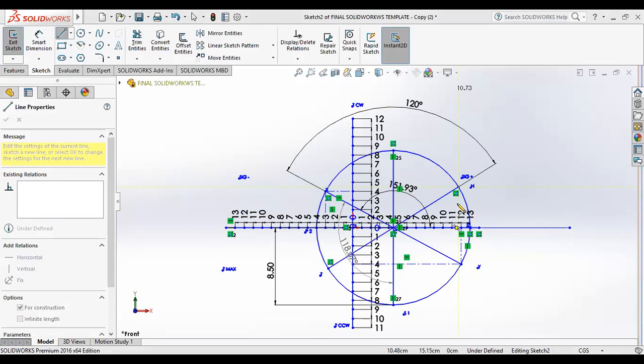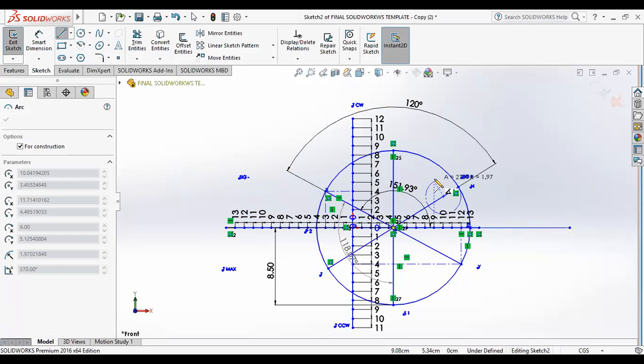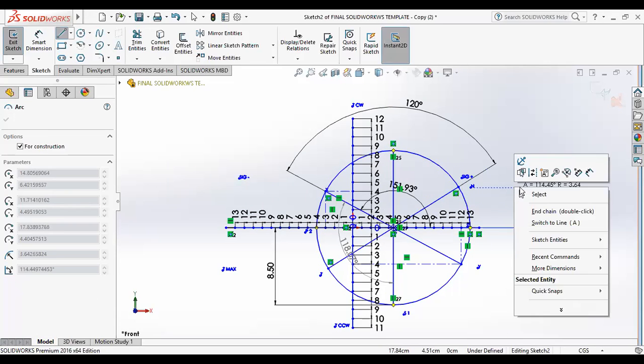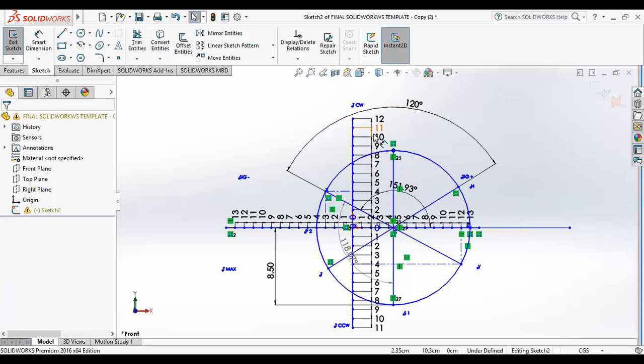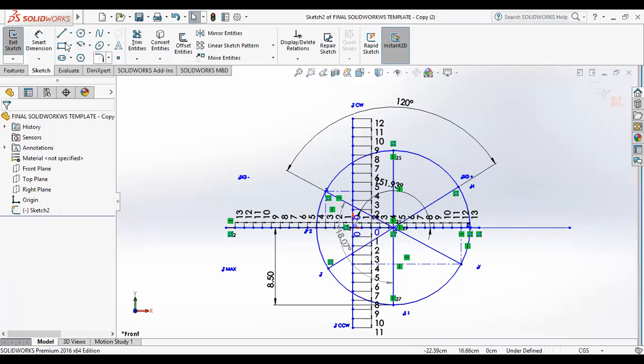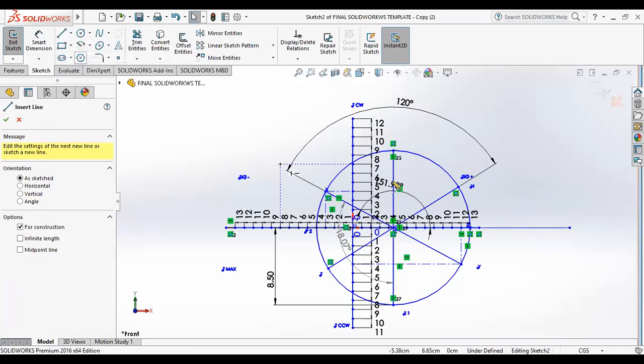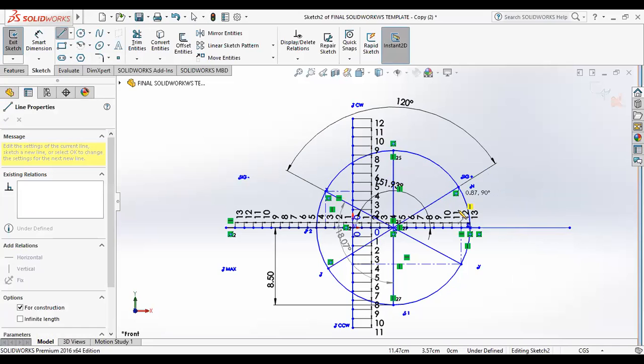Unmute your mic. From this point to this point, draw a vertical line. Let's say vertical. Okay, give me a moment.